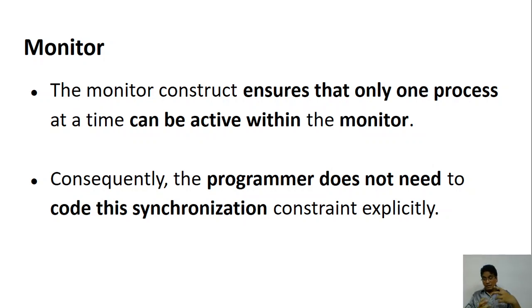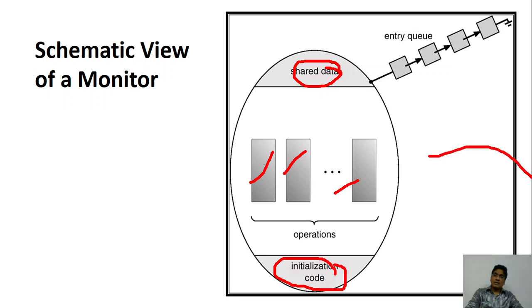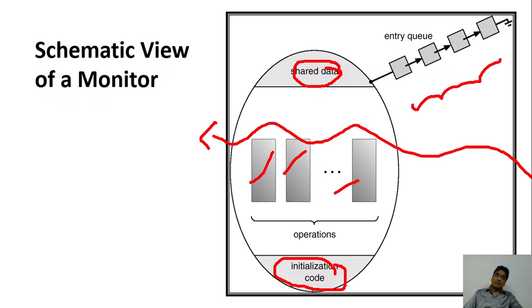So I don't have to write any synchronization script to achieve process synchronization. If you want to see it visually, this is what you have. We have some shared data, we have some initialization, like the constructor, and we have some methods which you can use, and at a time only one of them will be active; all the others will have to wait in a queue.